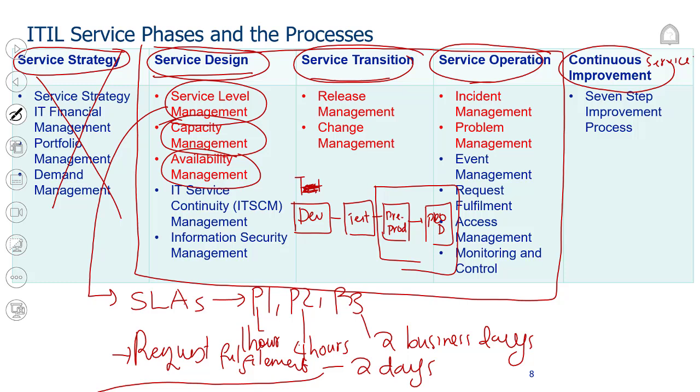We want to make sure that when we build something for the production, we first build it exactly in the pre-production environment, exactly as we want it in the production environment. Then whatever we build in the pre-production environment is exactly what we build in the production environment. And therefore, those two are usually regarded as the same. Now, service transition is what is guiding how we move from one environment to the other one.